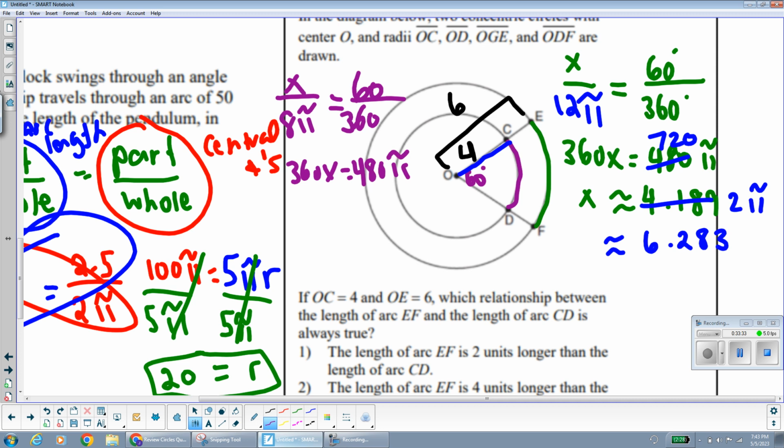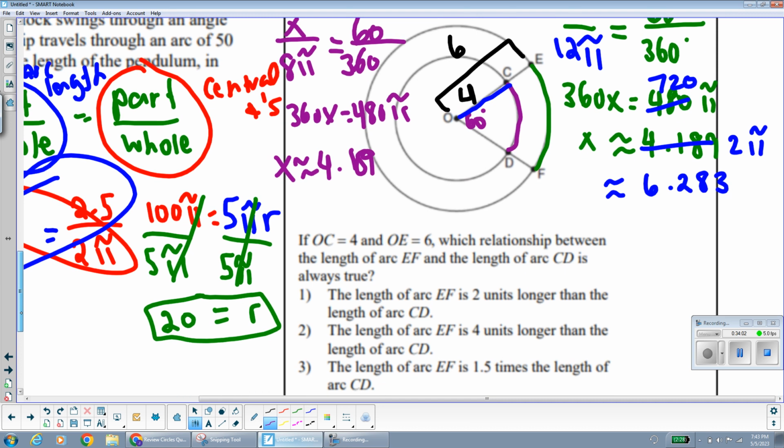And then let's divide that by 360. And I'm also going to multiply by pi. And I got that this is approximately 4.189.